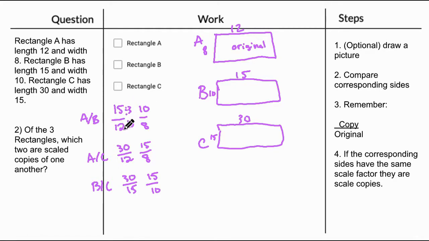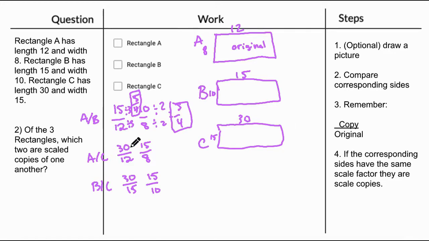If we divide 15 and 12 by 3, we end up getting 5 over 4. If we divide both of these by 2, we end up getting 5 over 4. Since we have 5 over 4 and 5 over 4, because they're equal, we know A and B are scaled copies of each other.